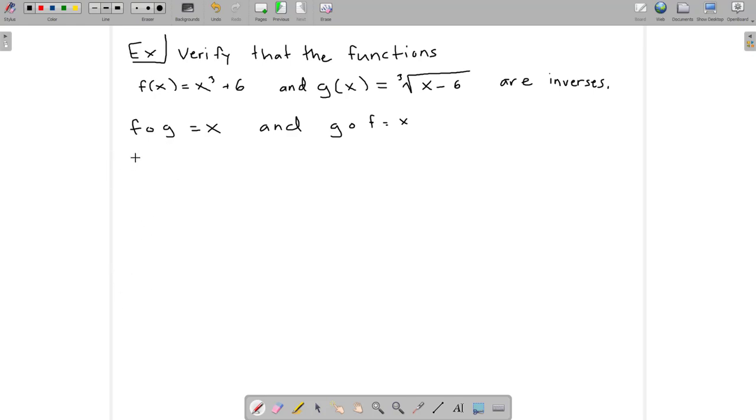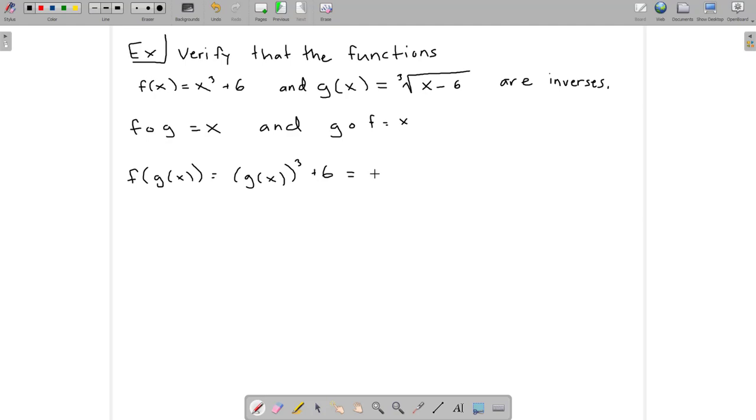So let's go through that quickly just to make sure we know how those work. So f of g is f evaluated at g of x, which is taking my f, and instead of x, I will plug in g of x. So g of x cubed plus 6.